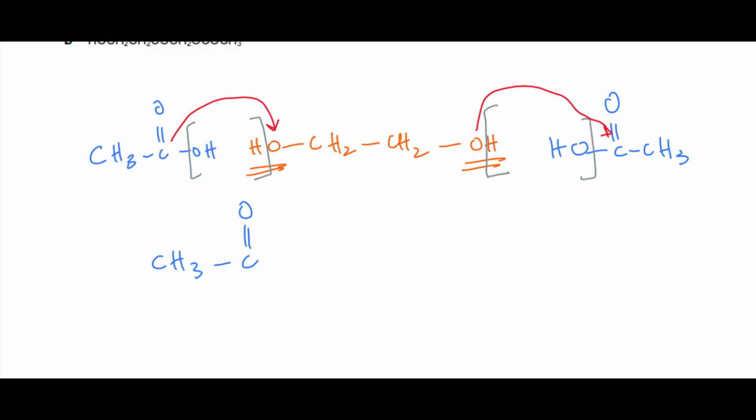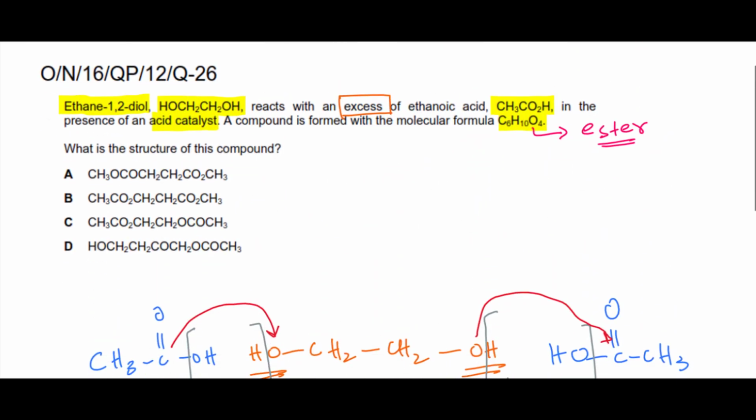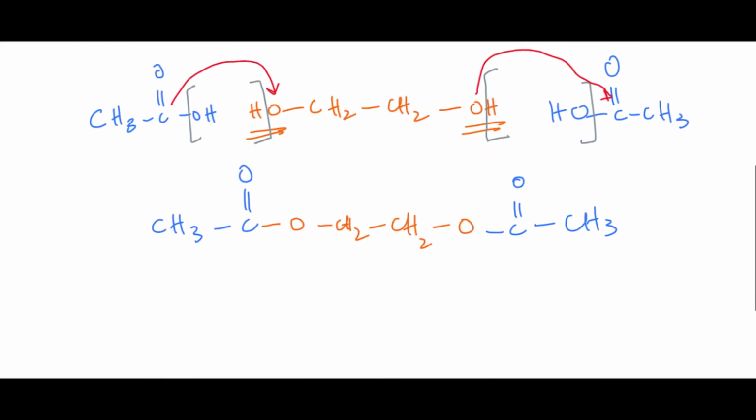So CH3 C double bond O, then oxygen, which makes the ester link, CH2 O, and then again the ester C double bond O CH3. So this structure is formed. Now let's write it in the structural formula way, the way they have given us the options.